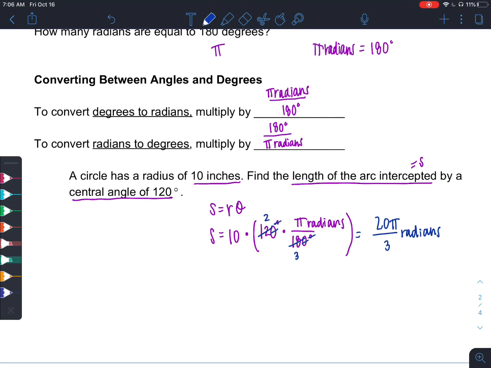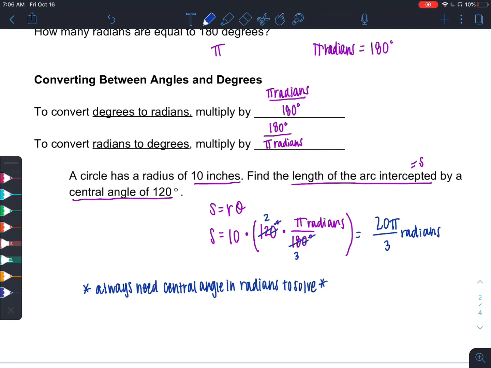So we always need the central angle in radians to solve.